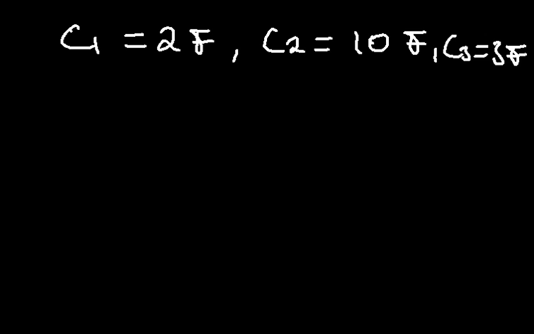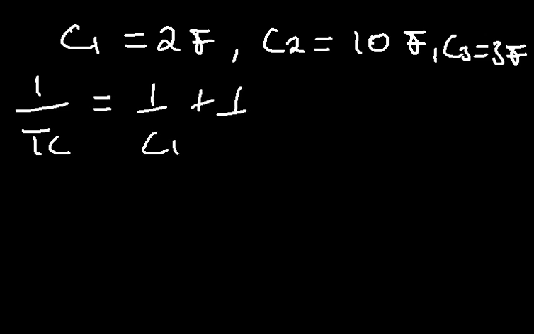Since they are connected in a series circuit, and the addition follows the reciprocal, we have 1 over the equivalent capacitance, or total capacitance, equal to 1 over C1 plus 1 over C2 plus 1 over C3.